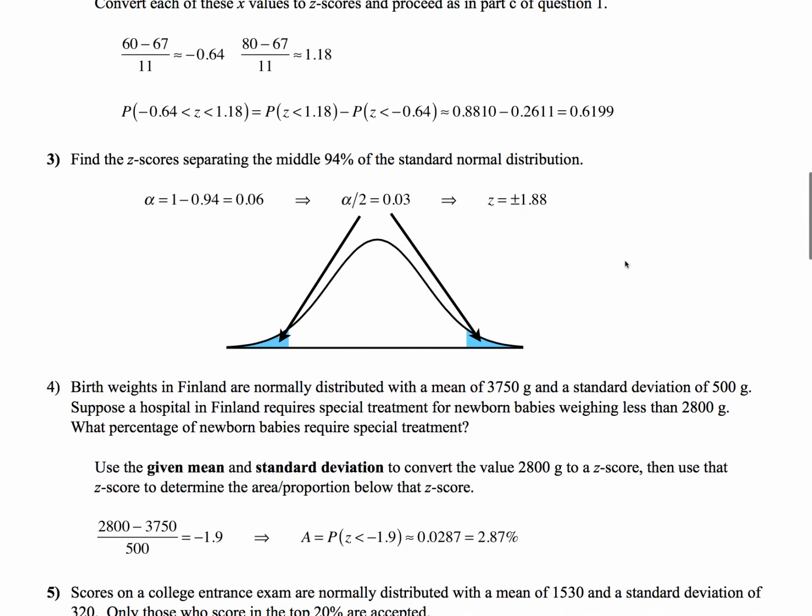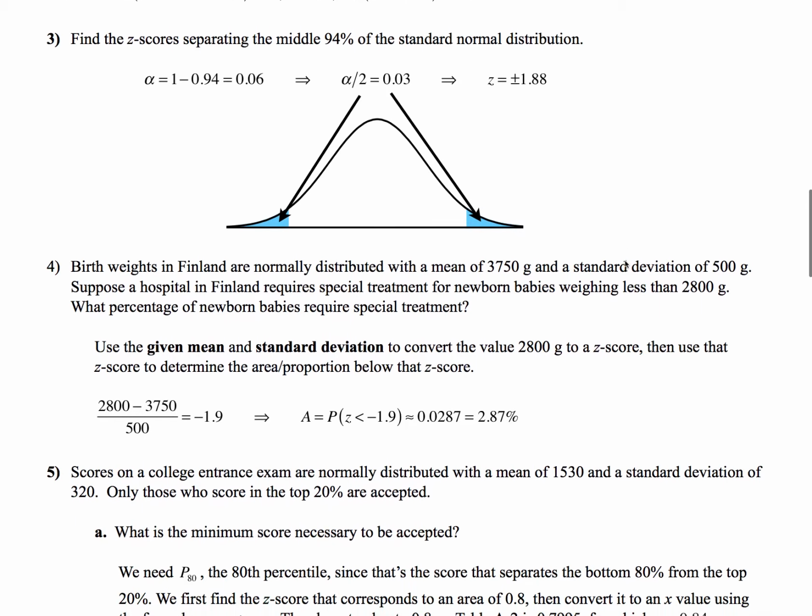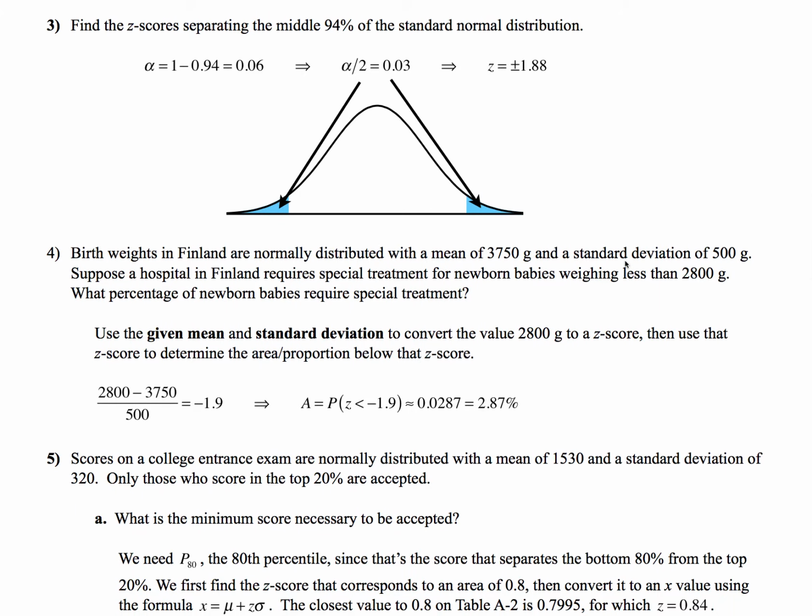Part 3 asks us to find the z-scores separating the middle 94% of the standard normal distribution. Well, this white area is an area of 0.94. It corresponds to a proportion of 0.94, which is the same as a percentage of 94%.